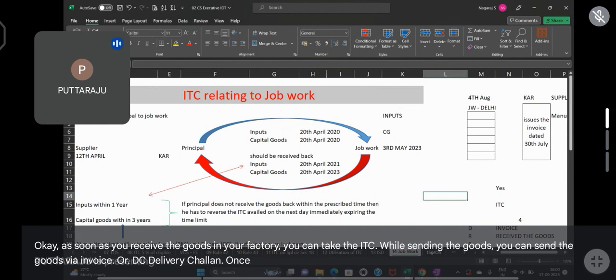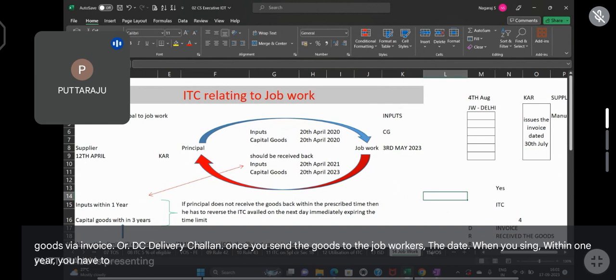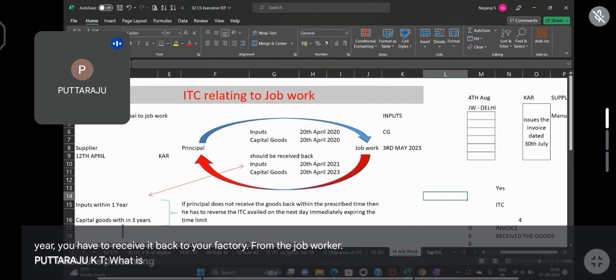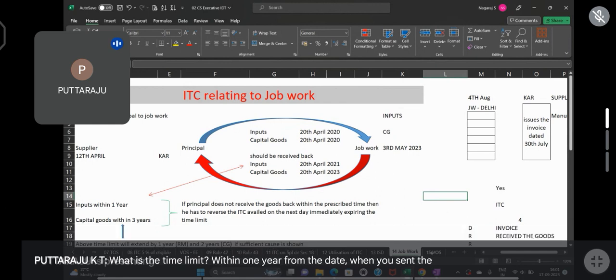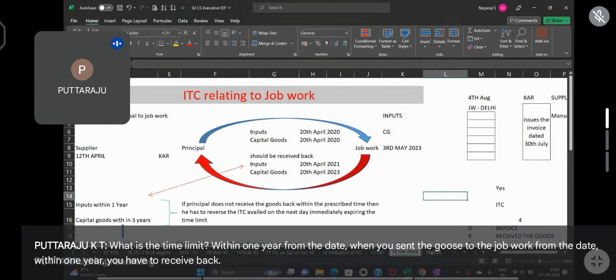Once you send the goods to the job worker, within 1 year from the date when you sent the goods, you have to receive them back to your factory from the job worker.